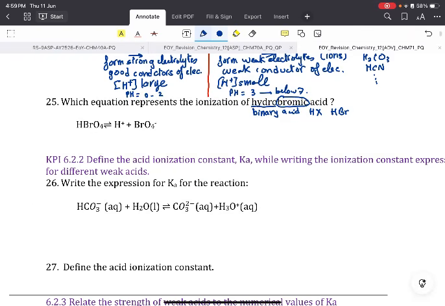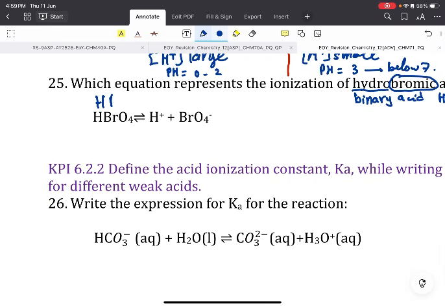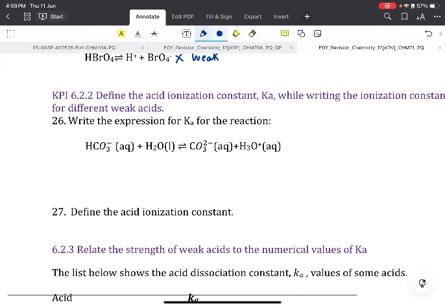Now in this one, I think I erased the answer key. There were two equations, HBr giving H plus and Br minus. So this is the ionization of a weak acid. This is the ionization of a strong acid, and that's the answer.